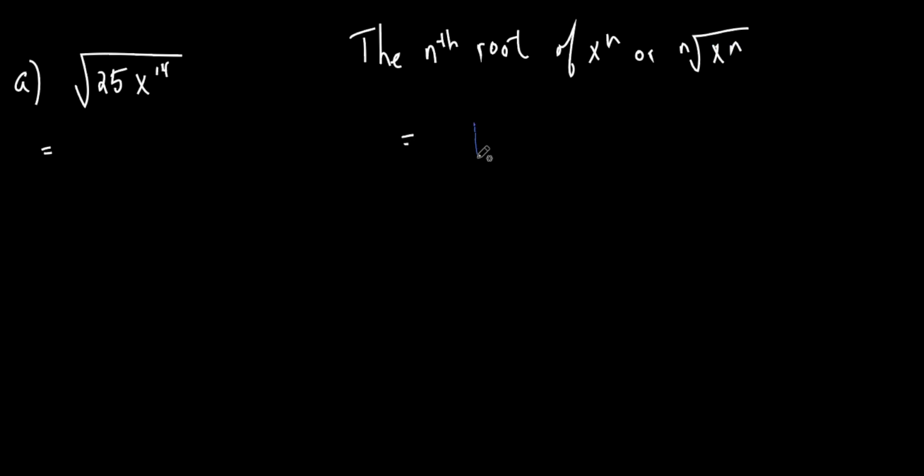Now watch, it's equal to the absolute value of x if the root, that n, is even. I shouldn't put equals, I should put is even. And it's just equal to x if n is odd.